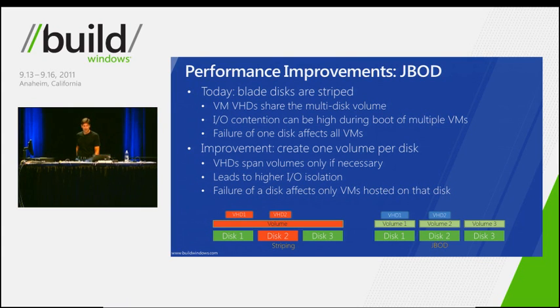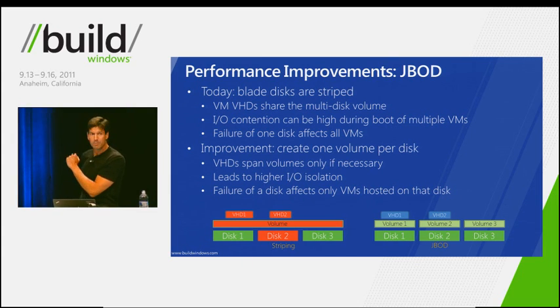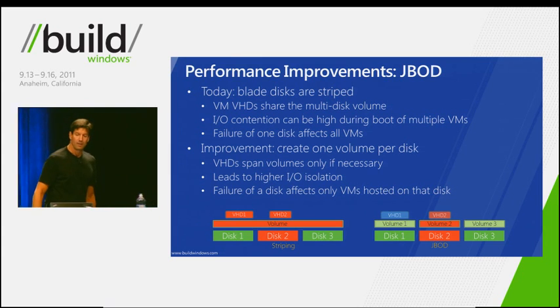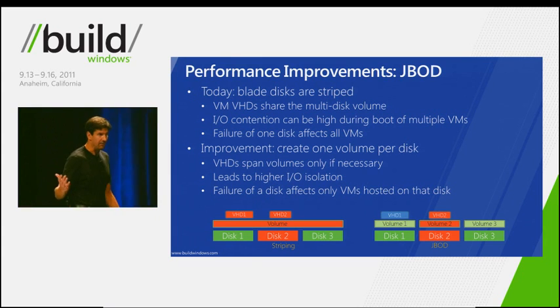We limit the damage. So we're going to start moving in the next couple months the clusters to use JBOD configurations of disks. Just separate disks with separate volumes on the disks, and we will put the VHDs on the individual volumes. If the VHD spans are too big for a volume, we'll span it at the file level across the volumes. And that way, in this same case here, if that same disk goes bad, it's affected only the VM for VHD2, which is bad, of course, but hasn't affected VM1.